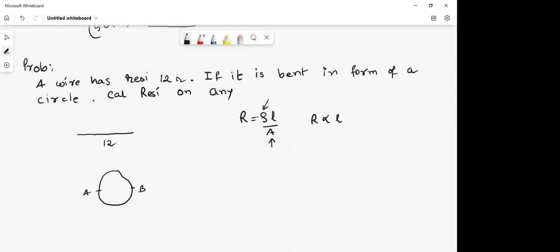So over here, since this wire has 12 ohms resistance, the upper part will have half of the length and the lower part will have half of the length. So the resistance of both will straight away become half, because resistance is directly proportional to L. So therefore, you will have this circuit, which can be imagined as if there are 2 6 ohm resistors in parallel.